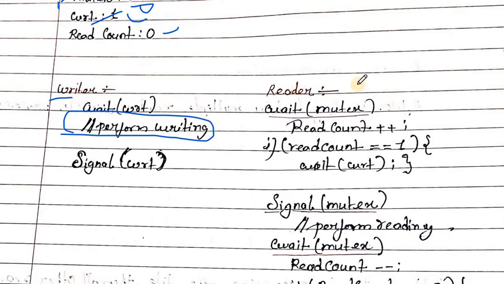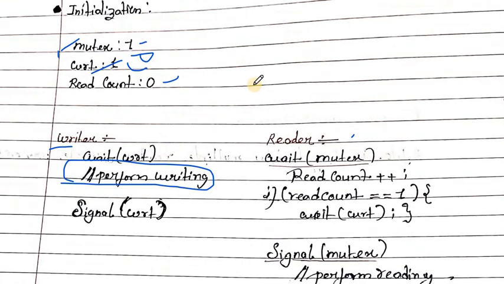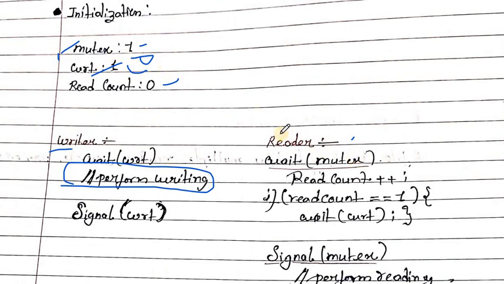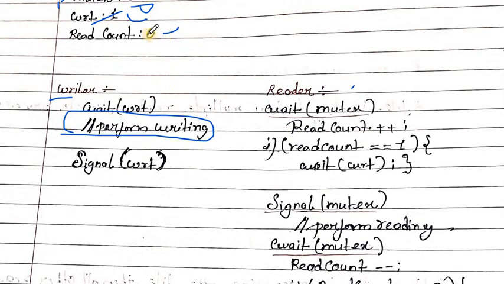Now at that time, if a reader comes, wait mutex: the value of mutex is 1, wait decrements it by 1, so it becomes 0. Read count is incremented, with number of readers 1. If read count is 1, then check the condition wait WRT.